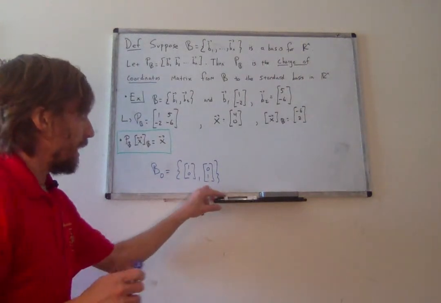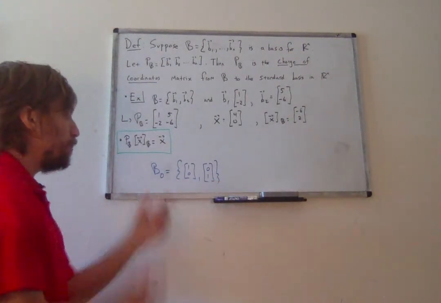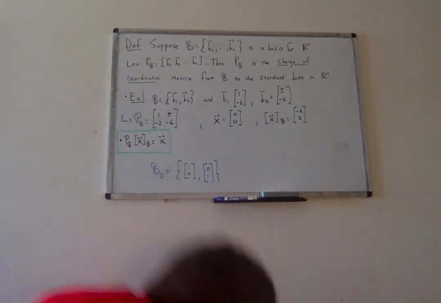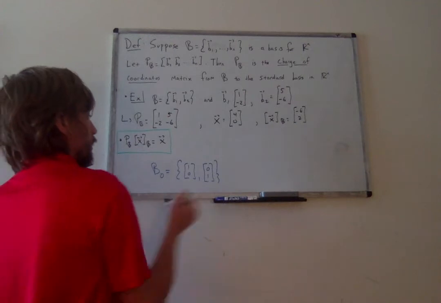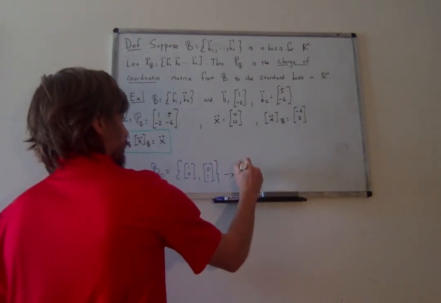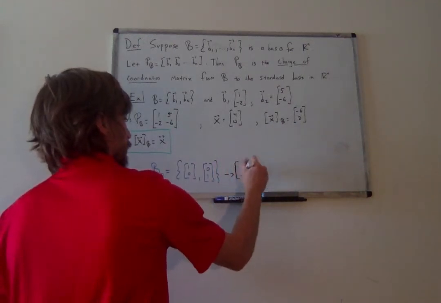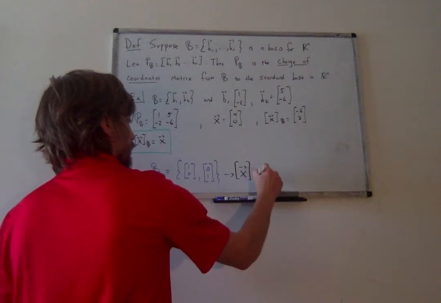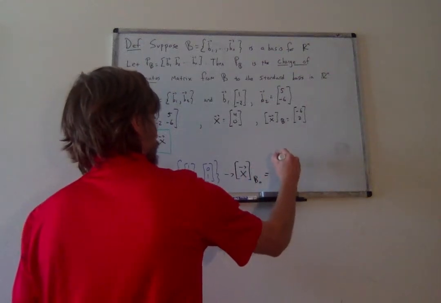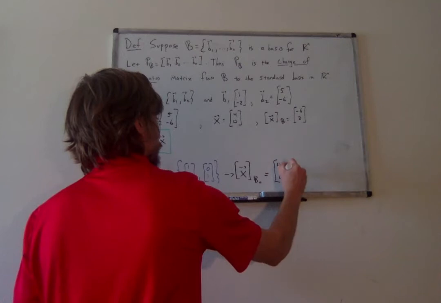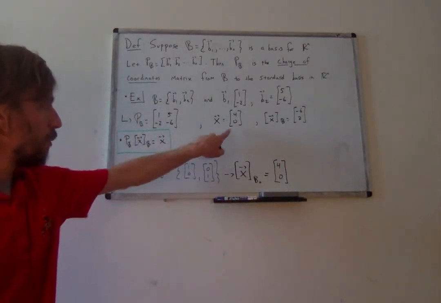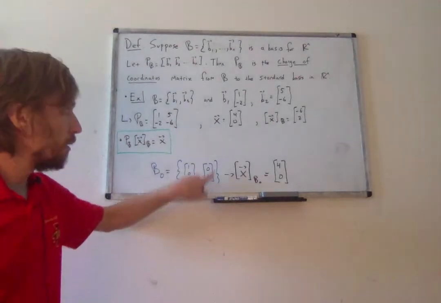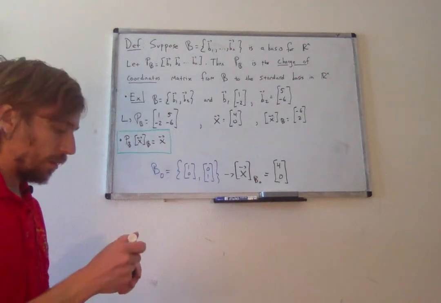So notice that if I wanted to calculate the B sub 0 representation of x, this is actually just equal to x itself, right? Because 4 times this vector plus 0 times this vector is always going to give me the vector 4, 0.